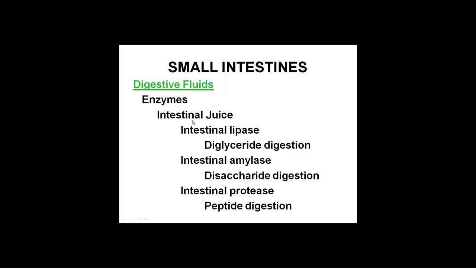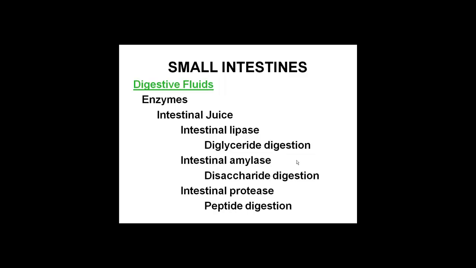And so we do have intestinal juice that's secreted by the intestinal cells. And we have, again, the 3 types. And we're going to completely digest the diglycerides. If there's diglycerides there, they're going to be digested to monoglycerides. We never completely digest long-chain triglycerides into free fatty acids or free glycerol.